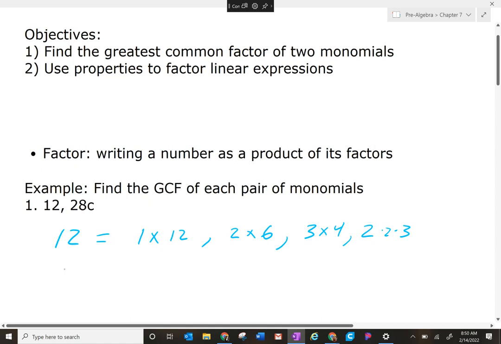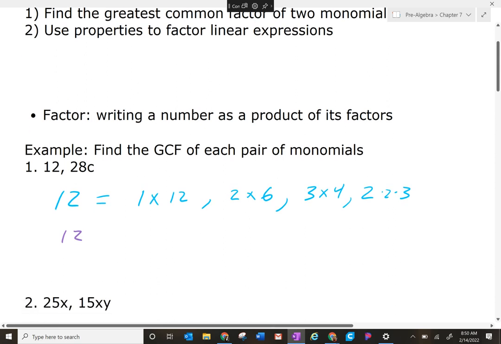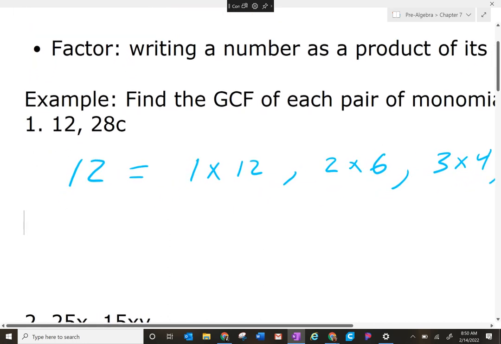Okay, so with 12, I'm going to look at all my exact prime numbers. I know that I can divide 12 by 2, so I've got 2 and 6. Those are my first two factors. Actually, I'm going to do the tree style.